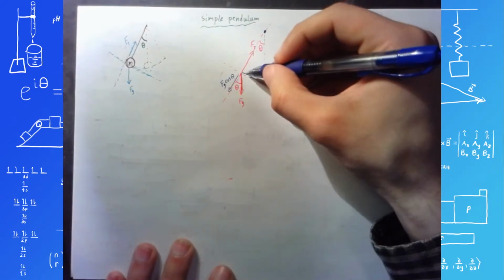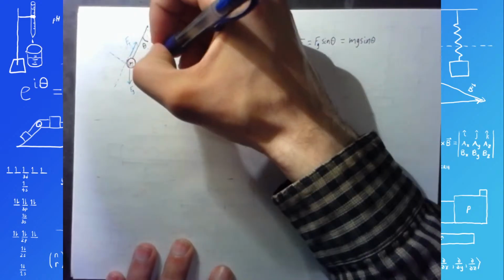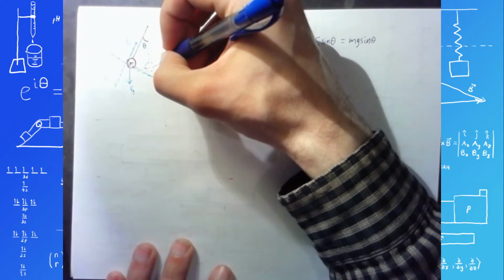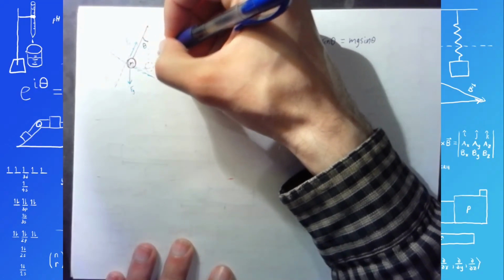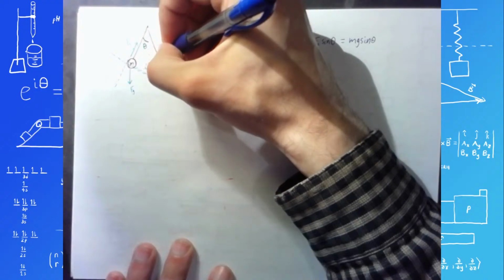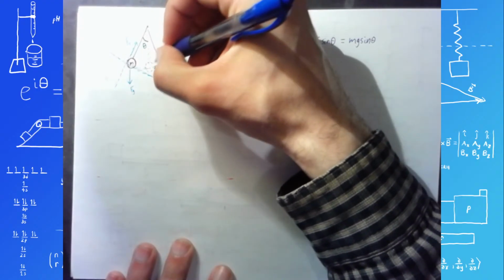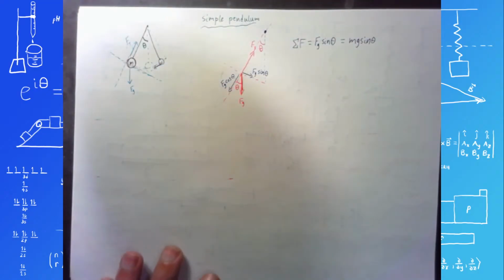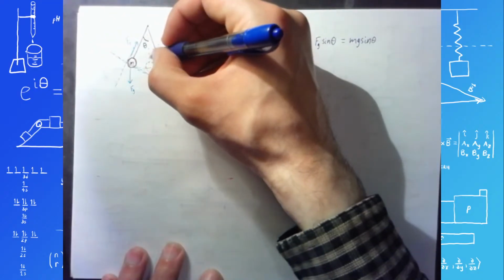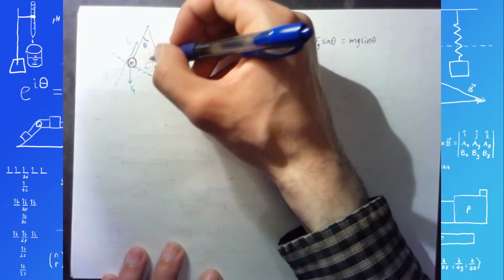Okay, well, it does point towards this equilibrium position, and if the mass was on the other side and you drew this again, you would have a force pointing this way. So it seems like it's always going to be opposite to the direction that theta opens. If theta opens to the right, the force is going to be down and to the left.